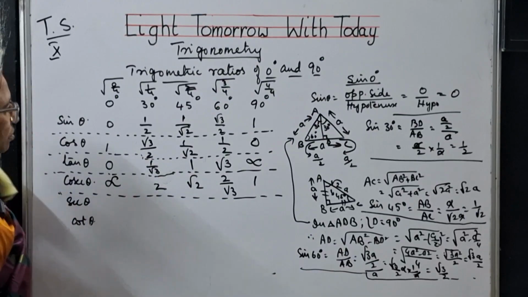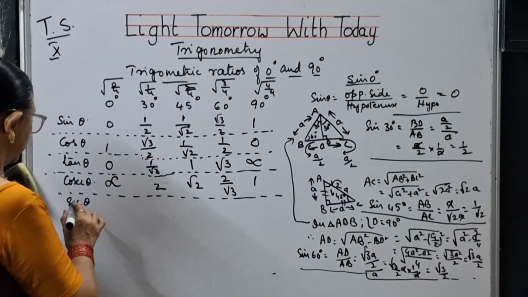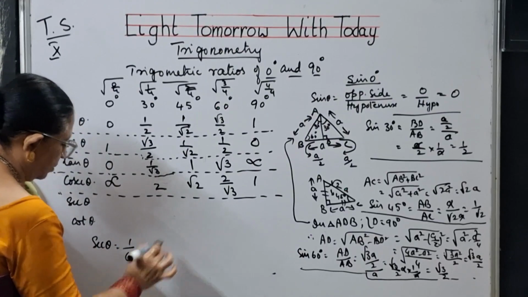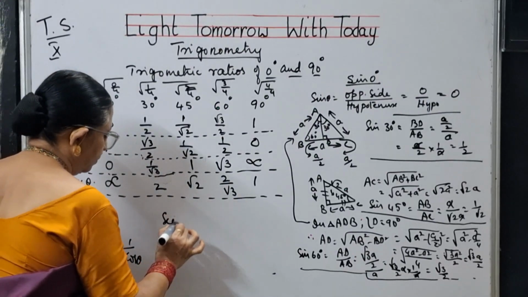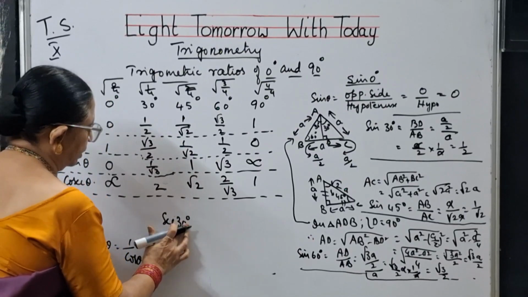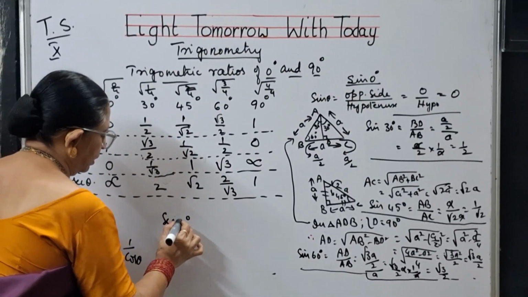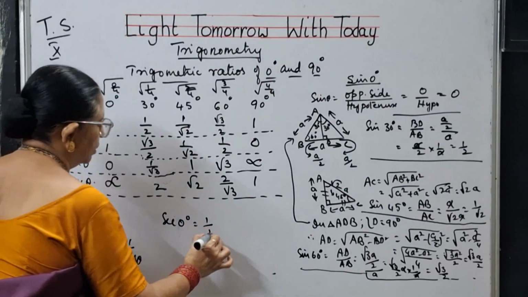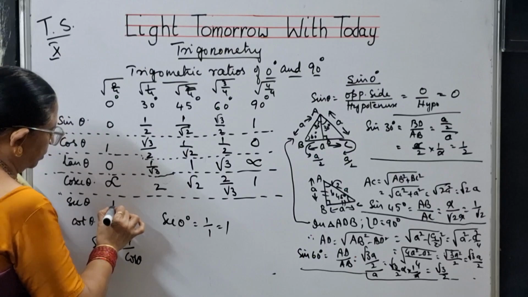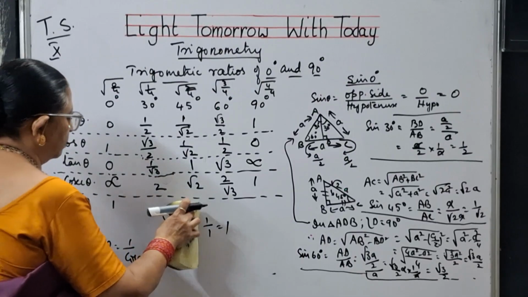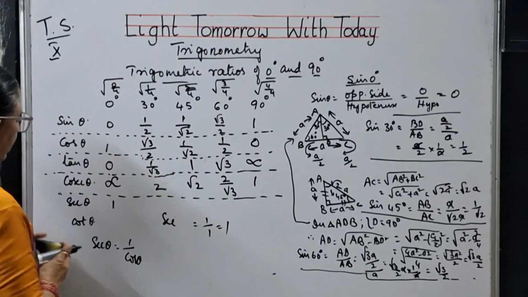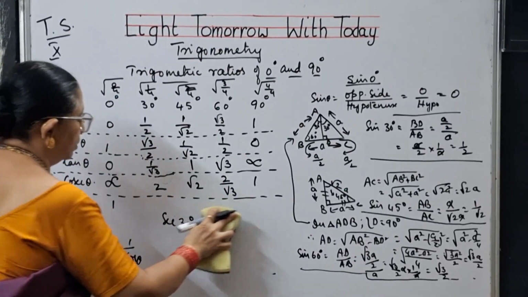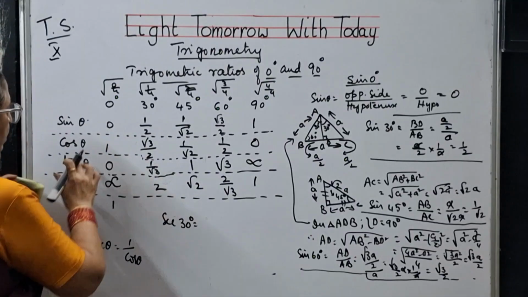Now secant I have to do. So what is secant? Secant theta is 1 by cos theta. So secant 30 degrees. First secant 0 degrees. Secant 0 degrees is 1 by, what is cos 0? 1, that is 1. So secant 0 degrees is 1. Next, you have got secant 30 degrees is nothing but 1 by cos 30 degrees.